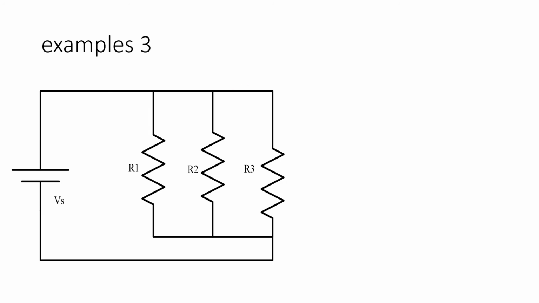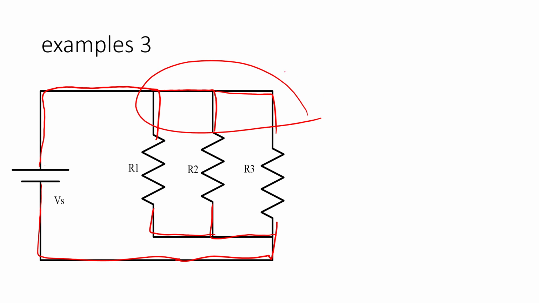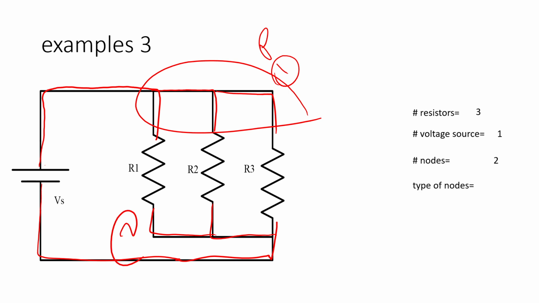In example 3, the positive terminal is connected to three different resistors, and the negative terminal is connected to the other terminals of the same three resistors. So we have here one P node, number one, and here another node, node number two.